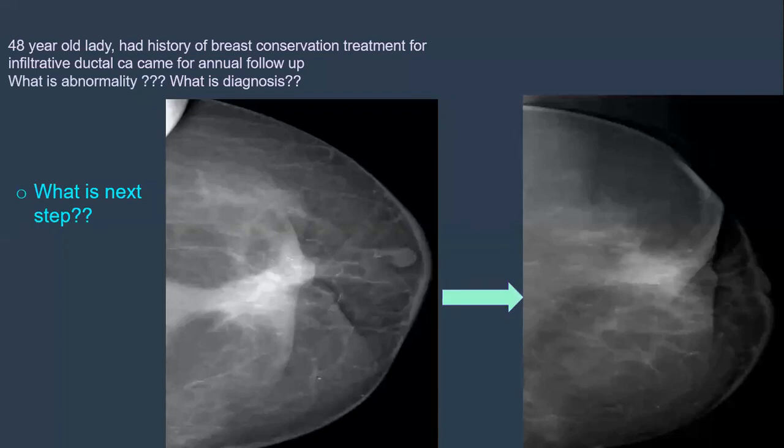Yes, by this arrow, the left one is the previous and the right one is the current one. The examiner might raise the earlier one first. Make sure which one is the first, which one is the second.